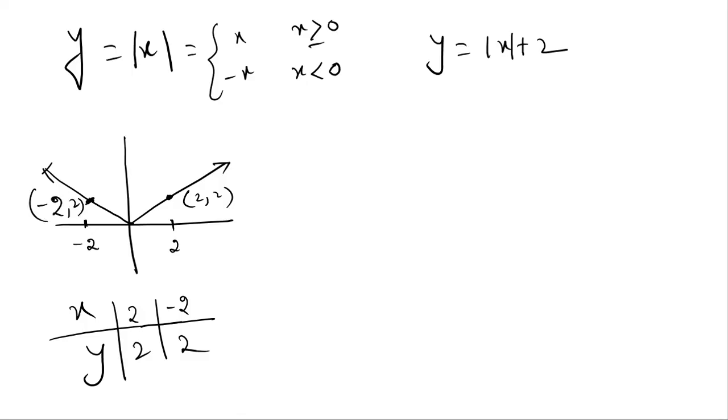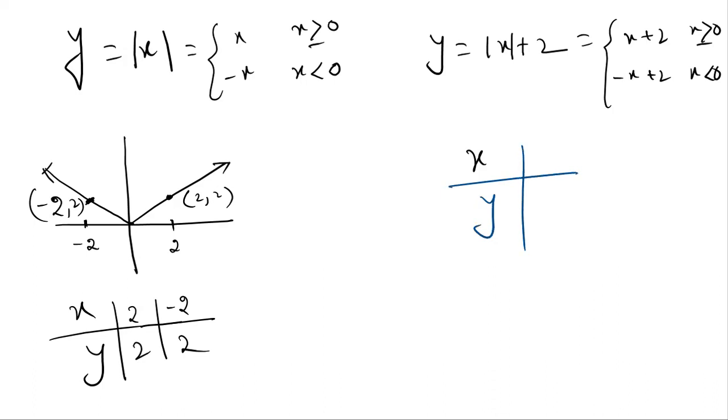Now you see here, it will become x plus 2 when x is greater than 0, and minus x plus 2 when x is less than 0. Now you put the value. Let me consider x and y. See the values first. For x equal to 2, this will become 4. For x equal to minus 2, this will become 4.